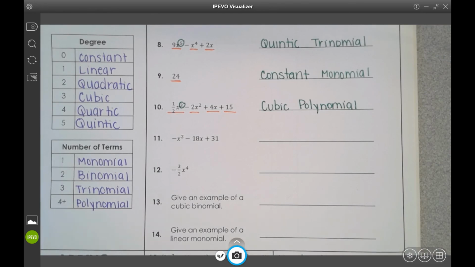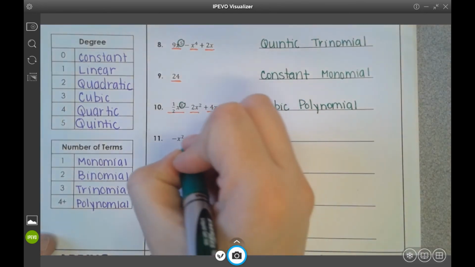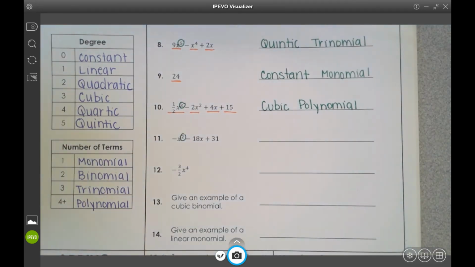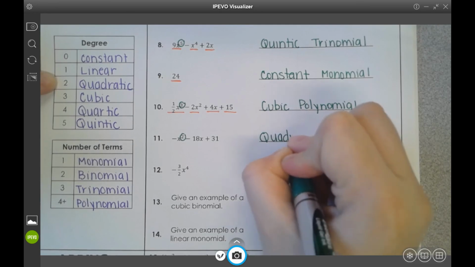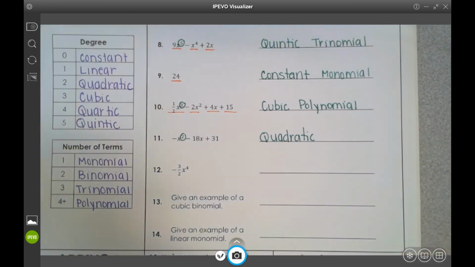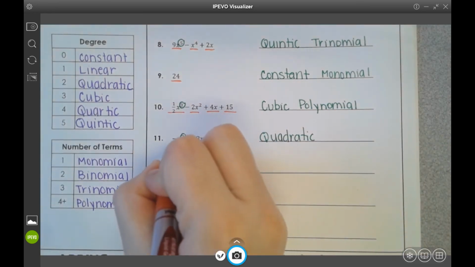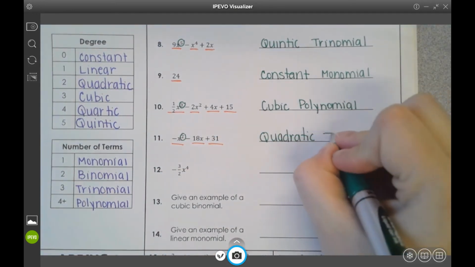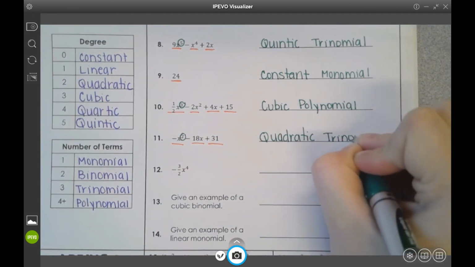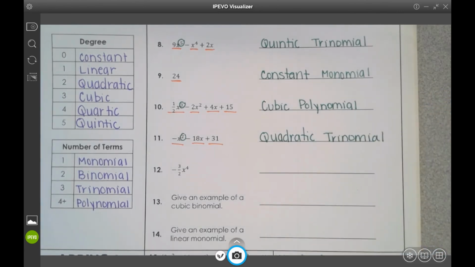Number 11, the largest exponent is 2. So that makes it quadratic. And it has 1, 2, 3 terms. So trinomial.